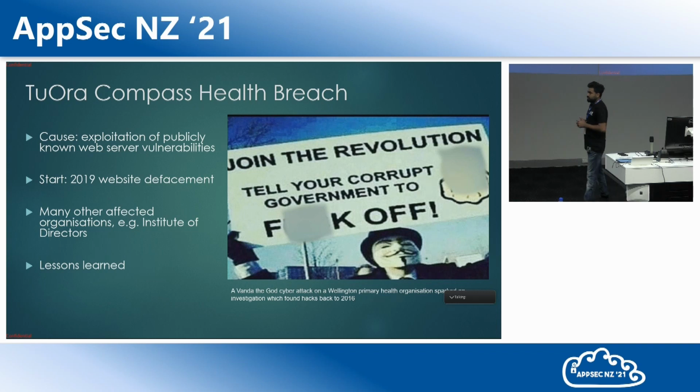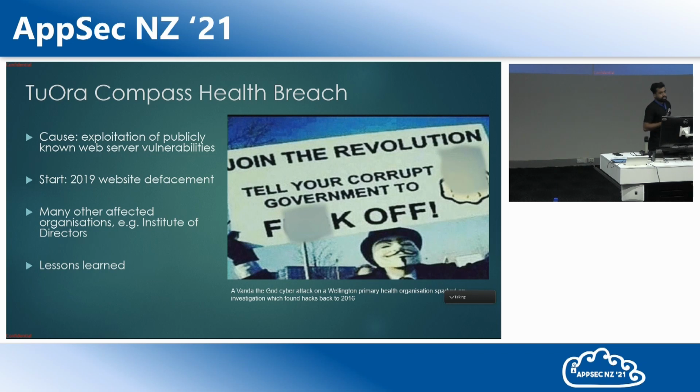The Tū Ora Compass Health breach was New Zealand's biggest ever breach in the health sector. Up to 1 million health records were put at risk during this breach. The cause was exploitation of publicly known web vulnerabilities.